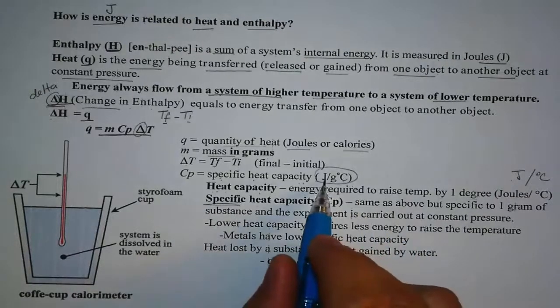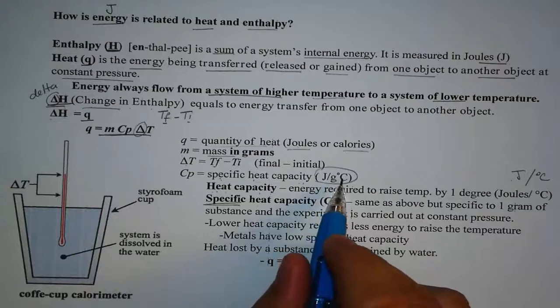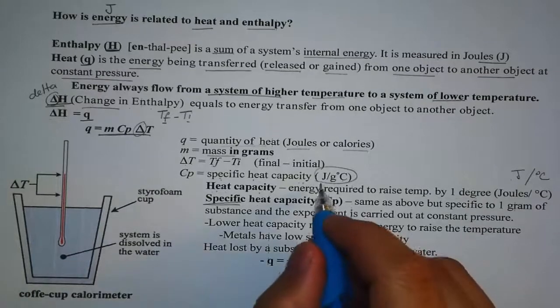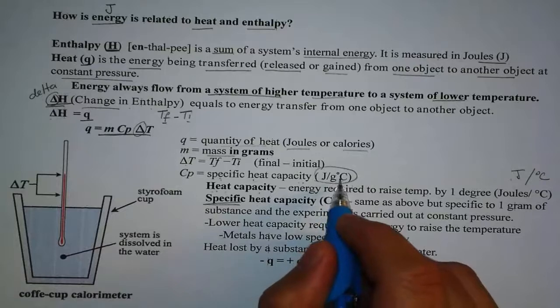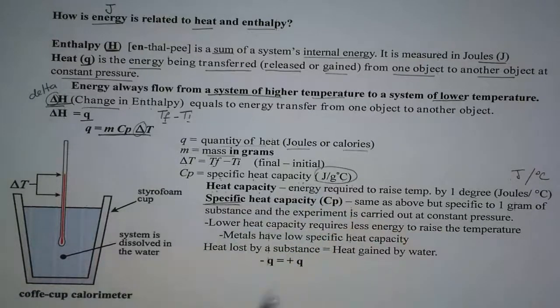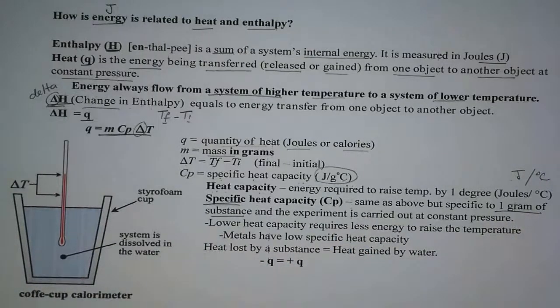If we look at the unit of specific heat capacity, we have energy divided by gram and Celsius. Basically, different objects require a different amount of energy to raise 1 degree Celsius for that 1 gram. So keep that in mind, it is per 1 gram of the substance. That's very important, okay? So that's specific heat capacity.